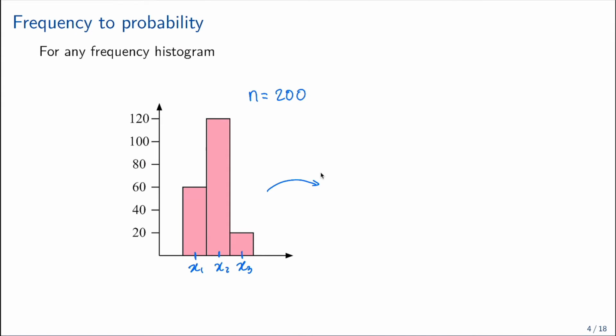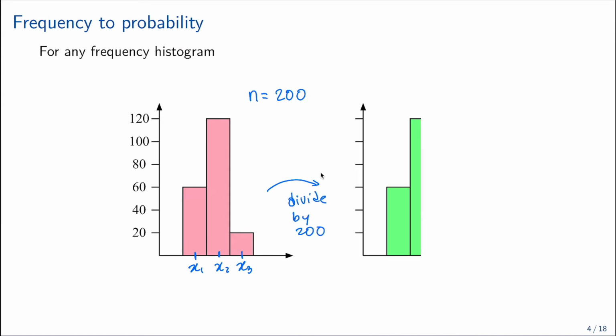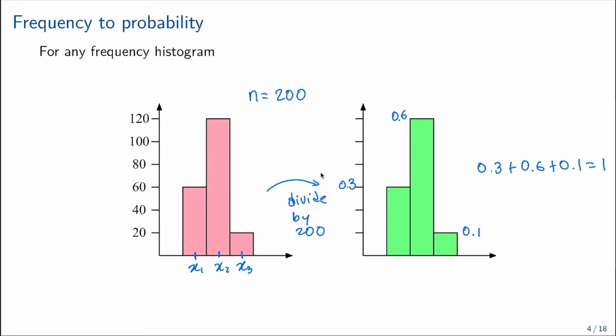To build the histogram, we divide the frequencies by 200 and we obtain the corresponding diagram. So in this case, the height of the first bar is going to be 0.3, the second one 0.6, and the last one 0.1. In such a way, the total area is equal to 1. So 0.3 plus 0.6 plus 0.1 equals 1. The thickness is always equal to 1.